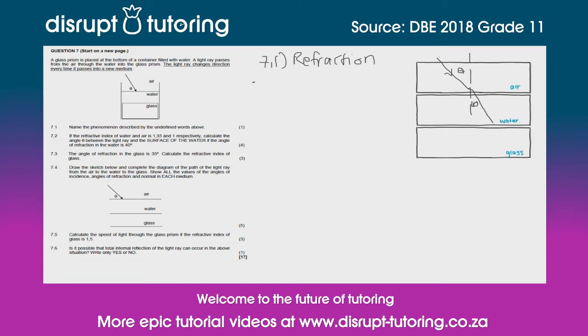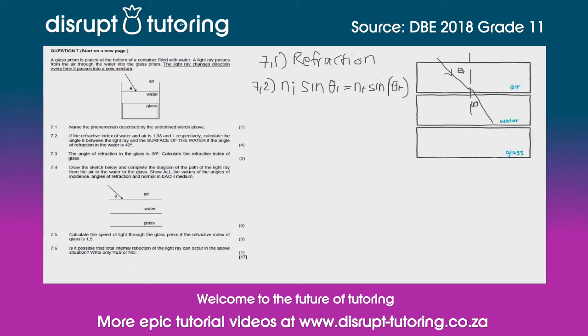So we know that the formula for these is the incident ray, which is n incident sine of the incident angle, which I've marked as theta I there, and that is equal to the refracted ray sine of the refracted angle.